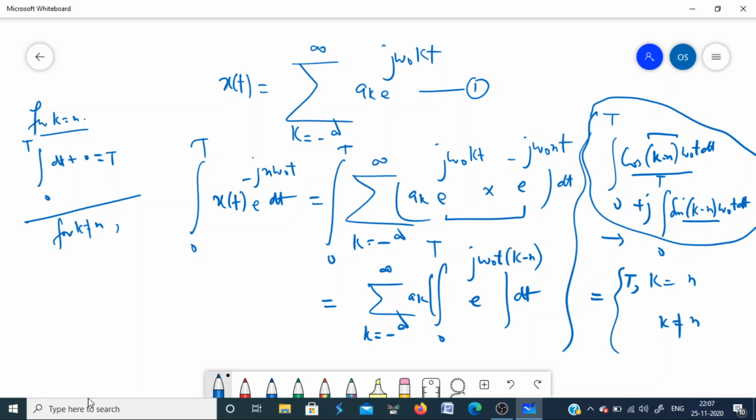So k minus n, if it is suppose 2, it means you are getting integration from 0 to T of cos of 2 omega naught t dt.